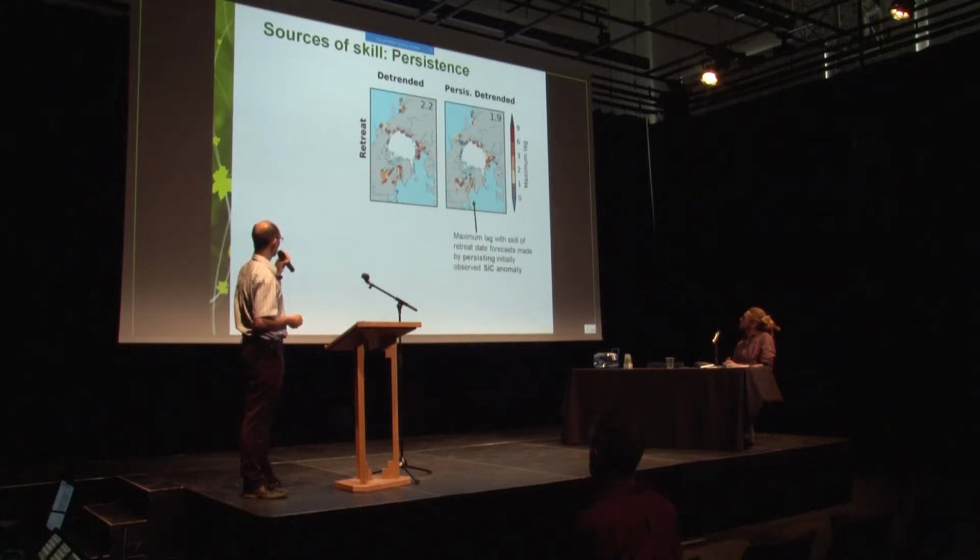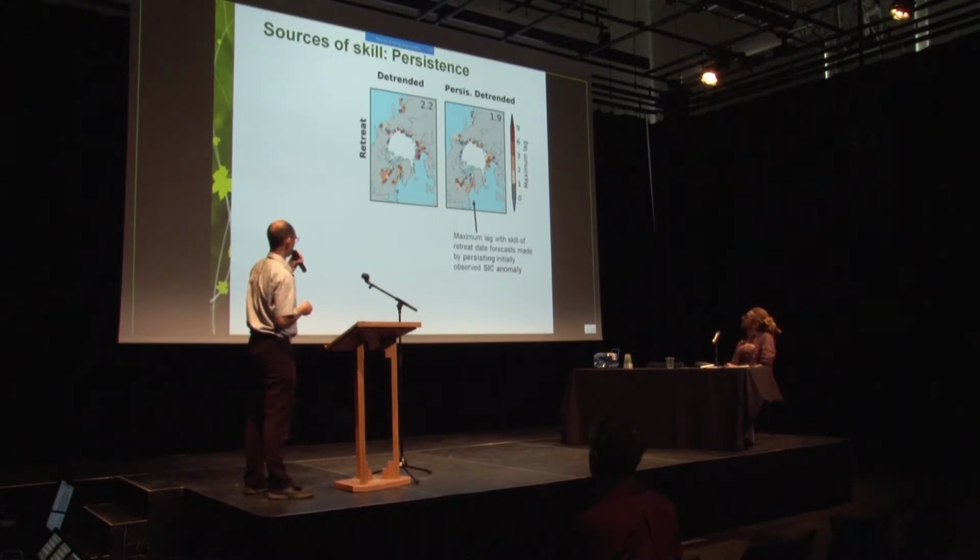Okay, so another source of skill is persistence. So on the right here is shown the maximum lead time of significant skill based on a statistical model. It's basically anomaly persistence. You persist your sea ice concentration anomaly, calculate the forecast of the retreat date, and then you calculate this metric, and you get a maximum lead time of 1.9 months on average, which is a little bit less than what we get in the model.